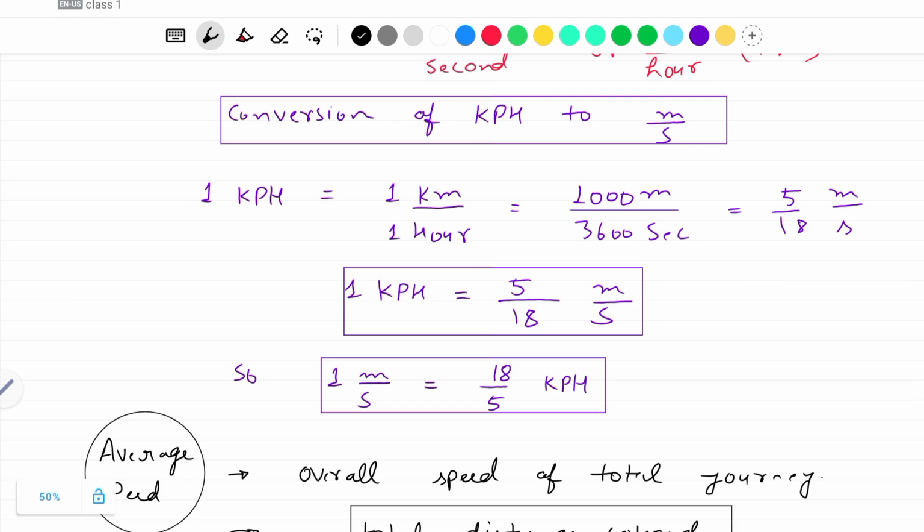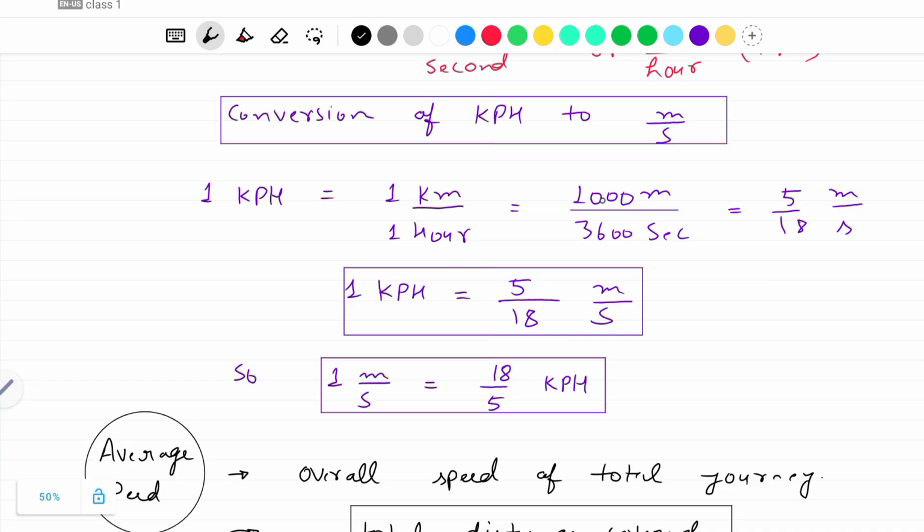Now students, we will learn how to convert kilometer per hour into meter per second. Kilometer per hour means 1 kilometer over 1 hour. 1 kph means 1 kilometer over 1 hour. Now 1 kilometer is 1000 meter and 1 hour is 3600 second.